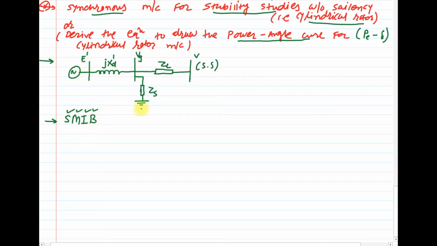So let us consider one single machine, a synchronous machine or cylindrical rotor machine, which is connected to a large substation through the transmission line impedance ZL.